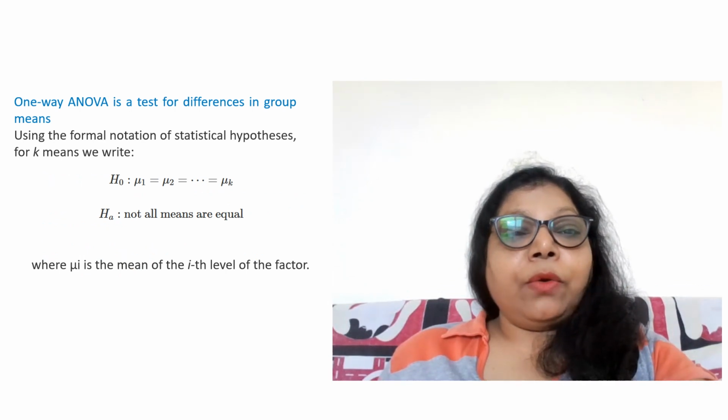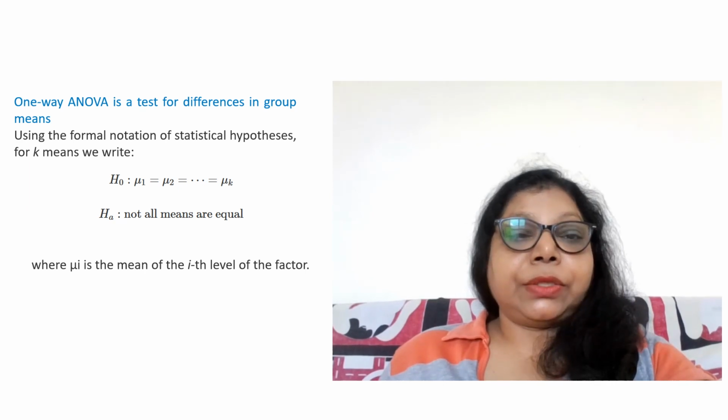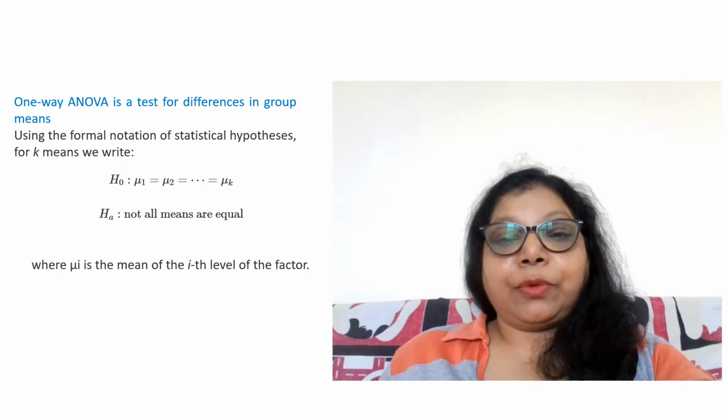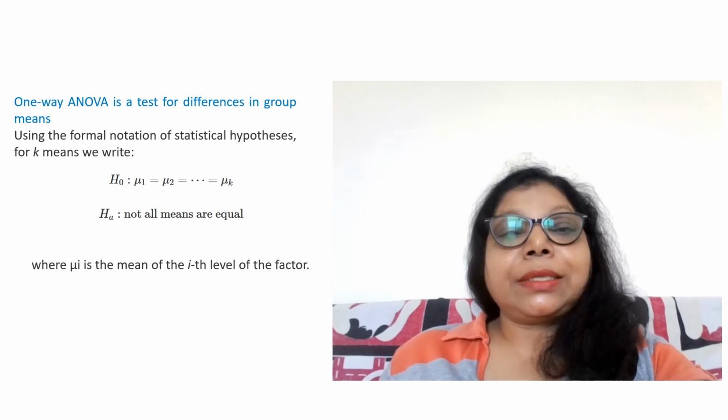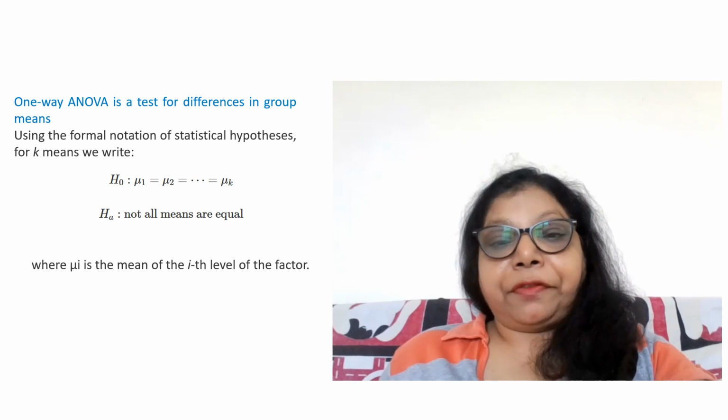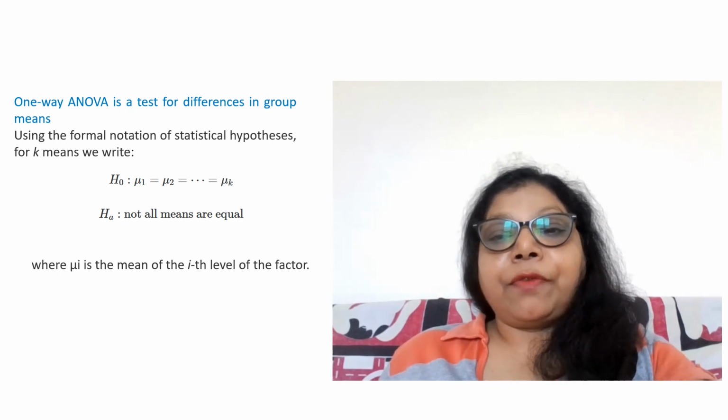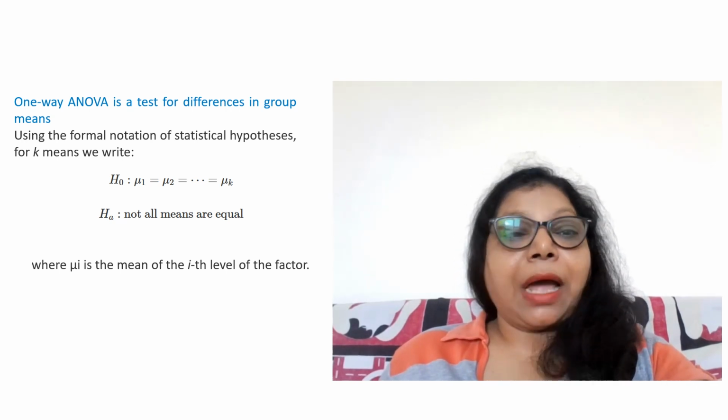Now, one-way ANOVA, as we can see, is the test for differences in group means. It is a statistical method to test the null hypothesis, H0, that three or more population means are equal versus the alternative hypothesis that at least one mean is different. We use the formal notation of a statistical hypothesis.